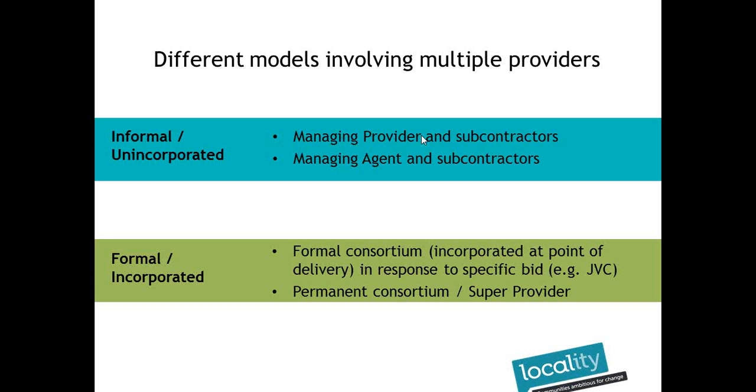And finally there, the permanent consortium, a super provider, would be where you form a new company and you've got multiple organisations that come together and they will look to bid across a range of thematic areas, possibly over a range of geographic areas, and not all providers will necessarily be involved in each bid. But the intention is that the consortium has longevity and survives in the long term and picks up different contracts and divides up those bids as is most appropriate according to circumstances.